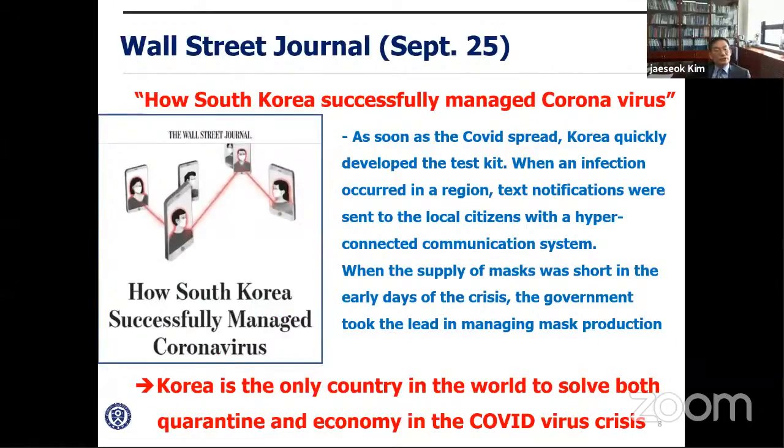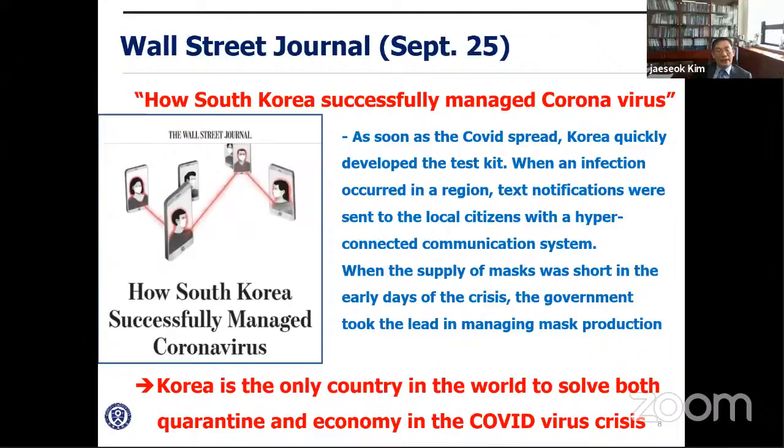Well, the Wall Street Journal posted an article on September 25th with the title of How South Korea Successfully Managed Coronavirus. It says that as soon as COVID spread, Korea quickly developed a test kit. When an infection occurred in a region, a text notification was sent to the local citizens with a hyper-connected communication system.